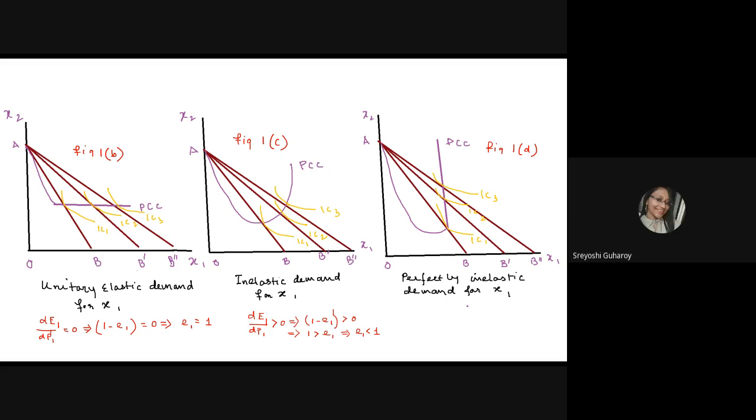And finally, consider a vertical PCC. In 1C it is positively sloped, and in 1D it is vertical.